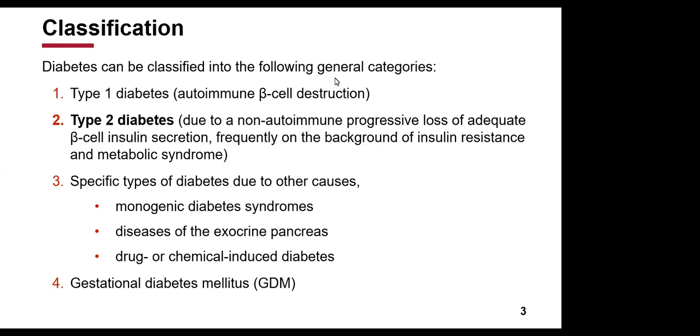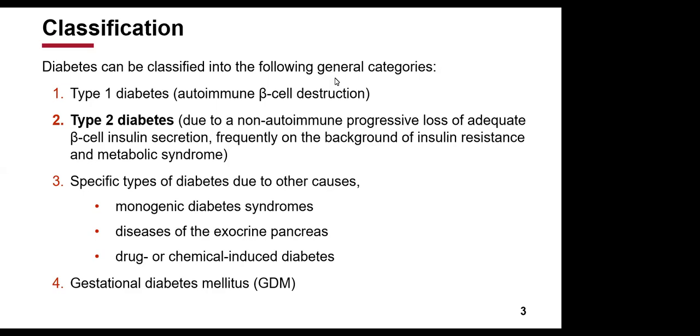Then we have other types which are due to other causes, like monogenic diabetic syndromes. These are usually things like neonatal diabetes and maturity onset diabetes of the young. Then we have diseases of the exocrine pancreas, things like cystic fibrosis and pancreatitis.